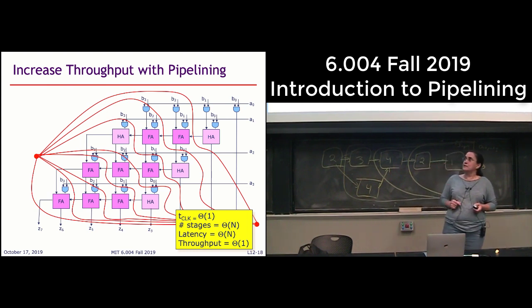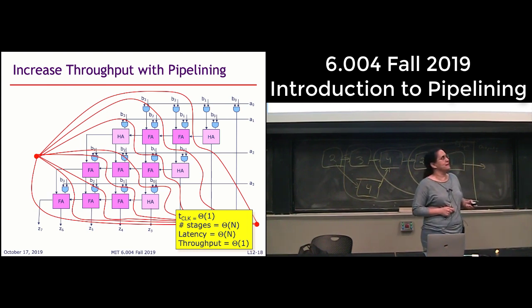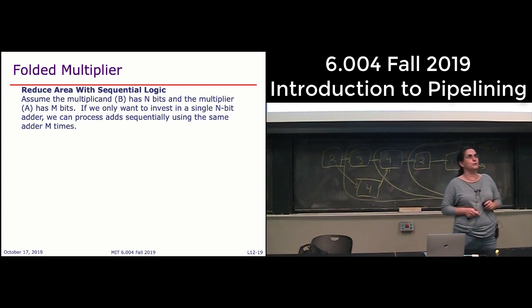Now, of course, this is a pretty complex circuit, and so you might want to consider yet another alternative, which is what we call a folded multiplier. So a folded multiplier is basically trading off area for performance. And so what does that mean?